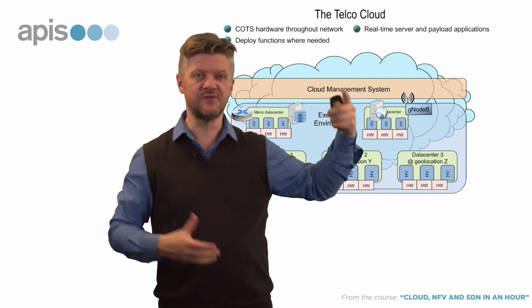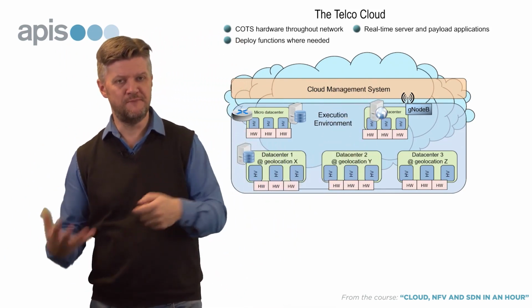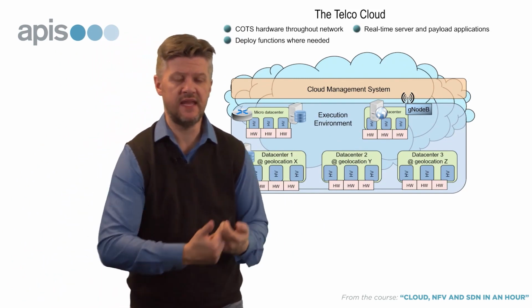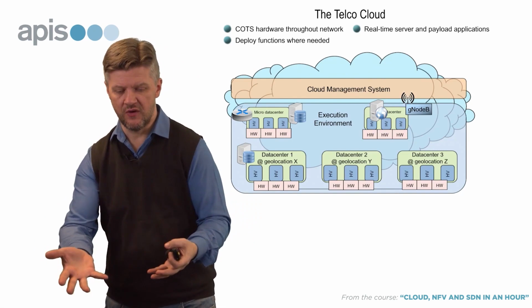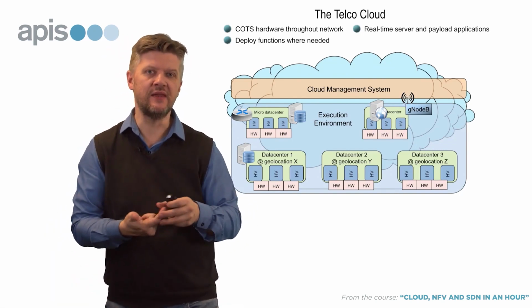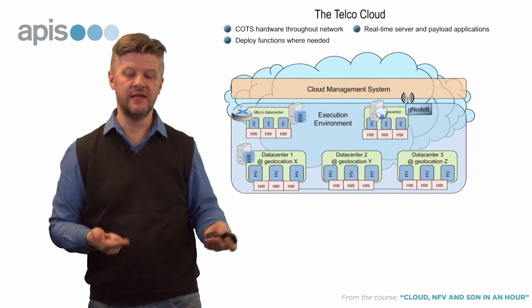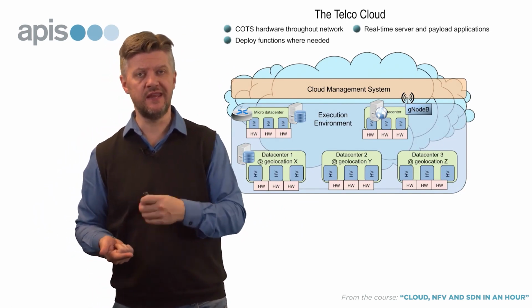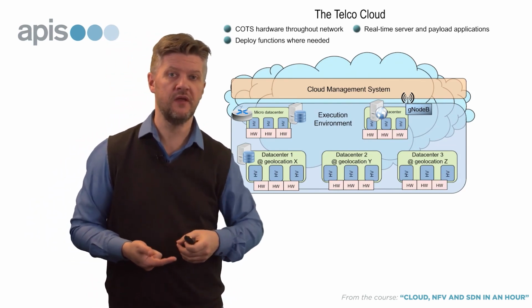It's real-time server and payload applications, which is maybe one of the biggest differences between Telco Cloud and Datacom Cloud. In Datacom Cloud, which was built for email and web servers, I mean, if you get your email 3 seconds late, it doesn't matter. If you get your IP packets containing voice in a phone call 3 seconds late, it really does matter.